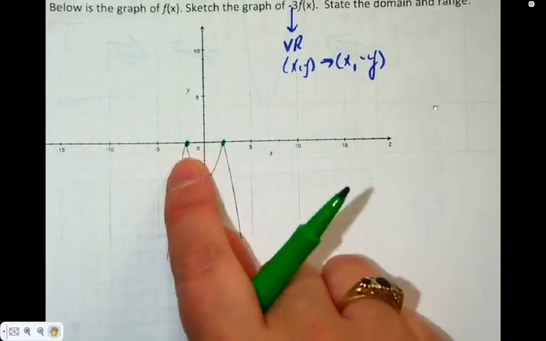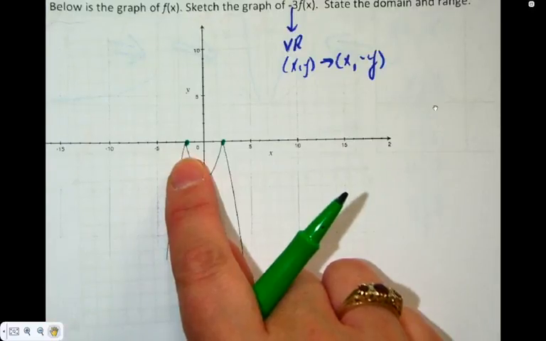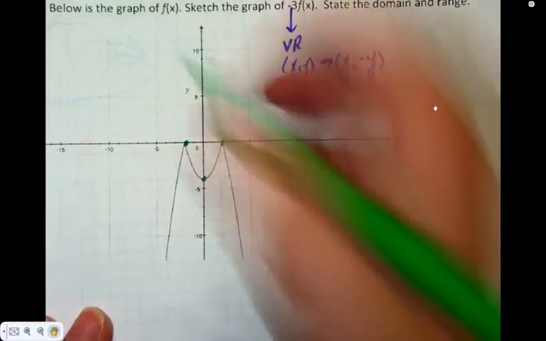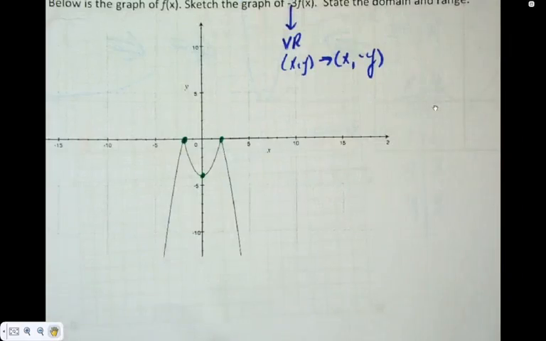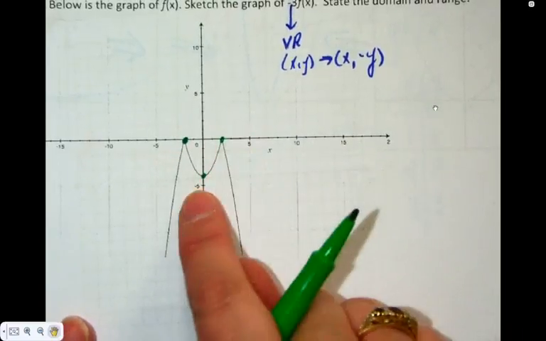So this first point, what are the current coordinates? 2, 0. And if I change the y coordinate, it becomes 0. So that point stays exactly the same, which is kind of nice. What about this little bump here? It's the little vertex of this little parabola piece in the middle.